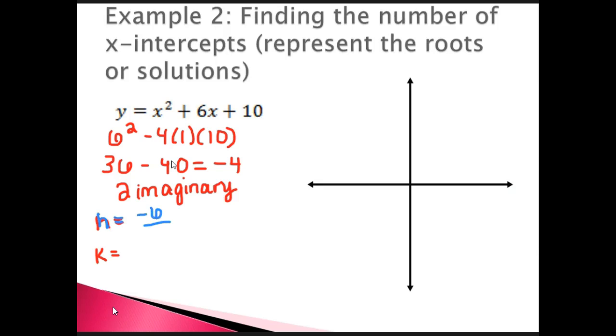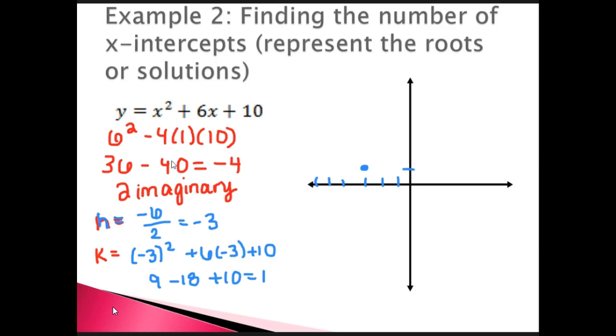It's negative b divided by 2a, or negative 3. I did that on purpose just so we could see all 3 graphs centered around the same axis. Plugging negative 3 in. We have the point negative 3, positive 1. So you can see that this graph opens up and never crosses that line.